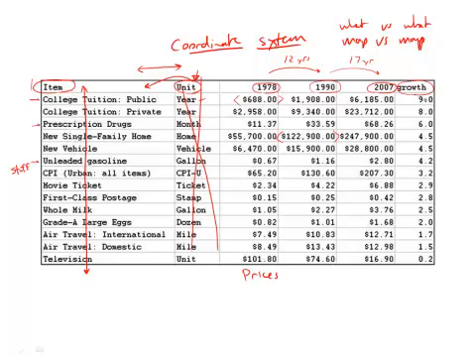I'm guessing that what growth is telling us is the growth in price from this period to this period. So from 78 to 2007, the price of a college tuition in a public school went up by 9 times.